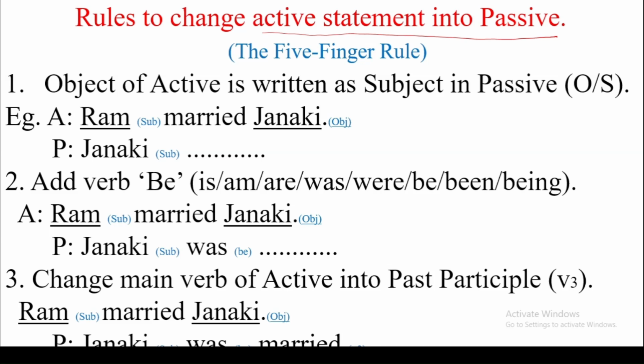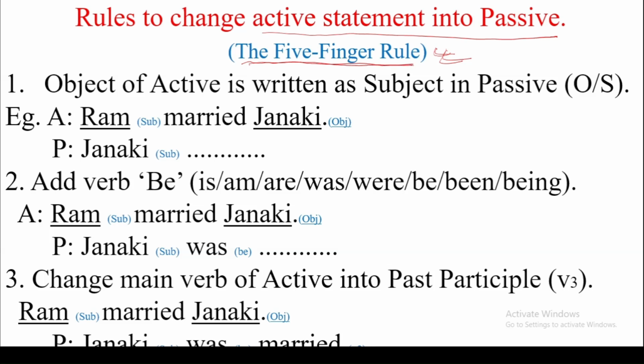So this is the most important part, where we have to give full concentration to learn. I have picked the 5-finger rule related to changing active voice into passive voice. Let me discuss the rule. What is the 5-finger rule?